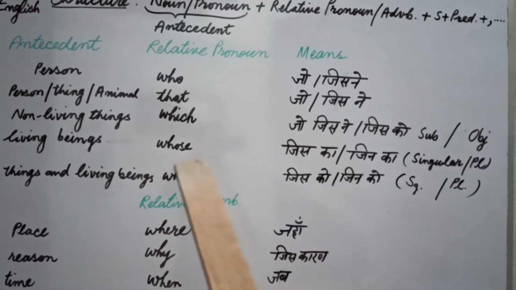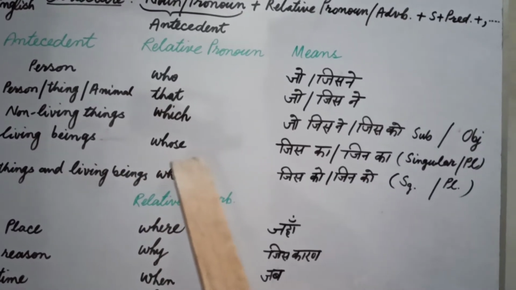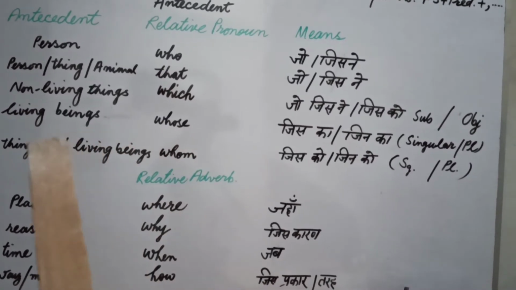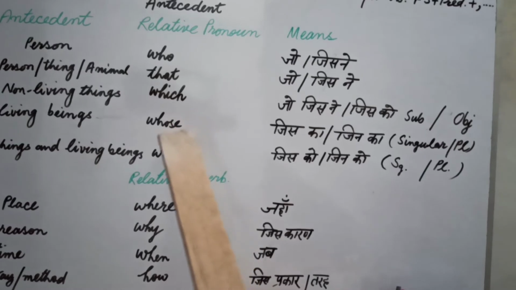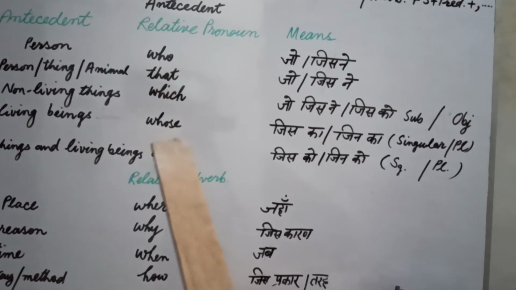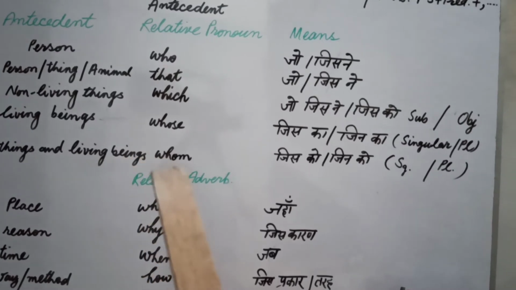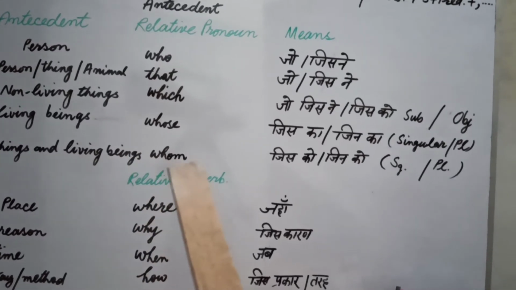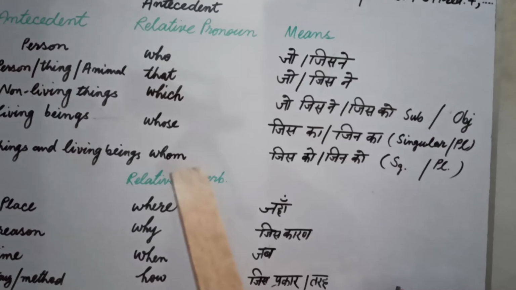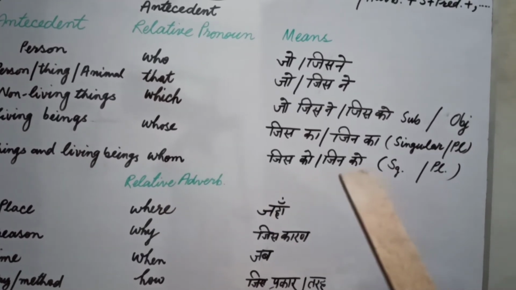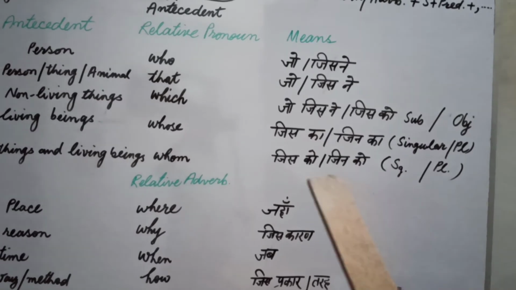The next word is whose. Whose is a possessive case, and this can be used for living beings, and for non-living things we use of which. Whom is used in the objective case. It gives an identification of the object. Jisko or jinko, it may be singular or plural.